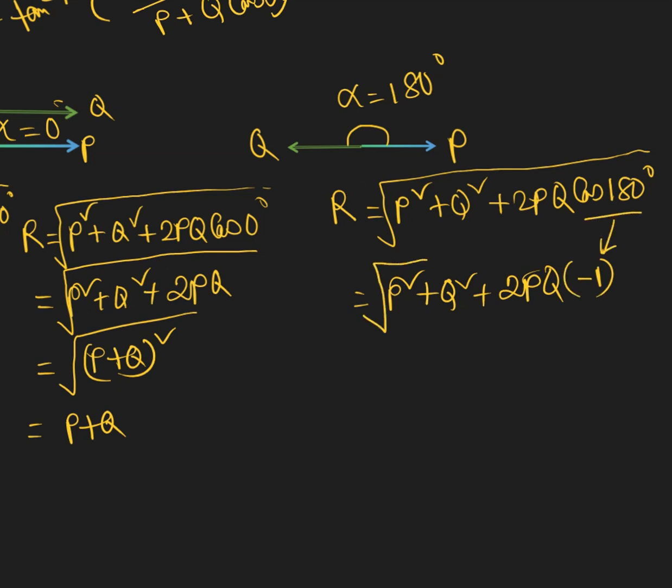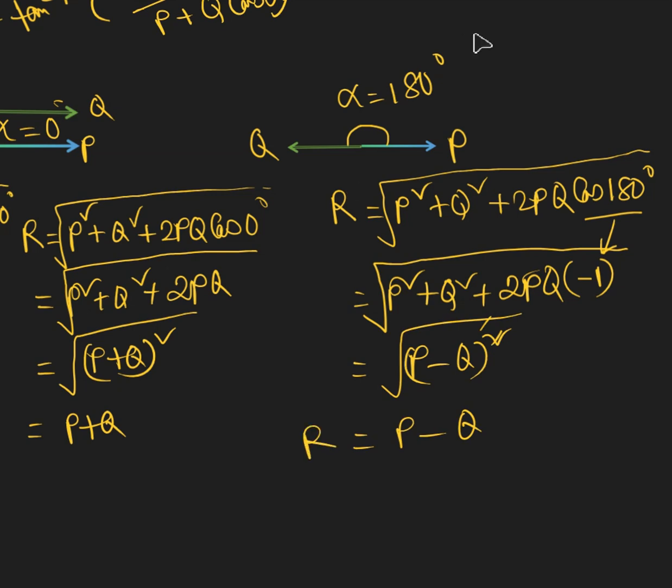So this will be P minus Q whole square under the square root. The square root and square cancel out, so this will be P minus Q. So this is the value of R as well.